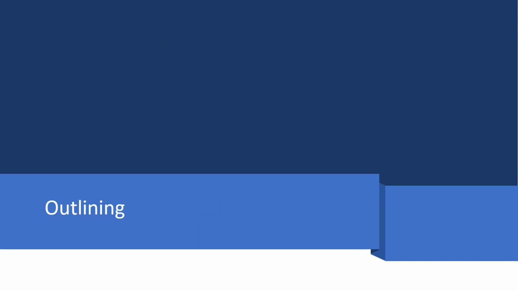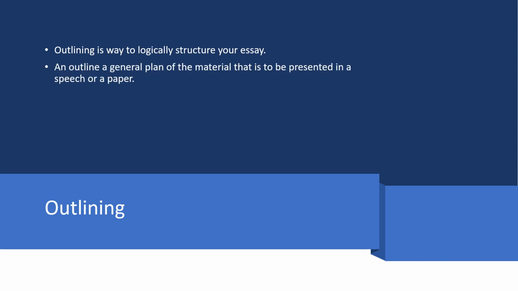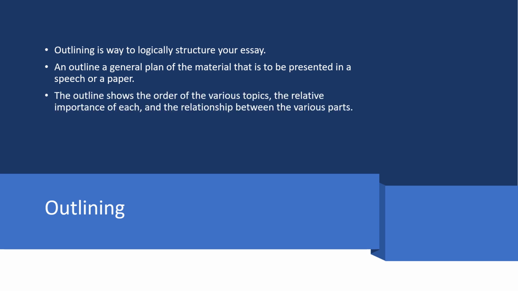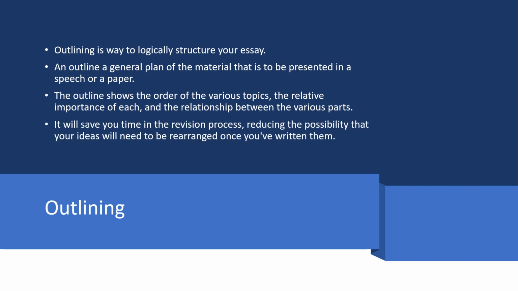To plan your academic essay, you may resort to outlining. Outlining is a way to logically structure your essay. An outline is a general plan of the material that is to be presented in a speech or a paper. An outline shows the order of the various topics, the relative importance of each, and the relationship of these topics to the other parts, and most especially to the thesis statement.